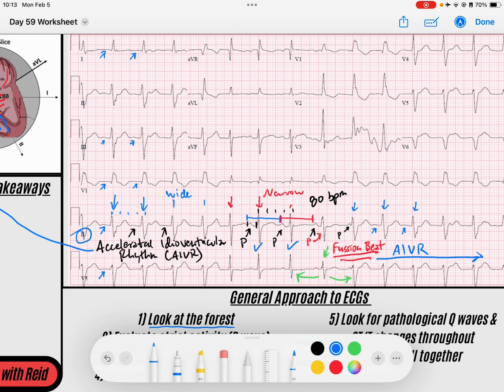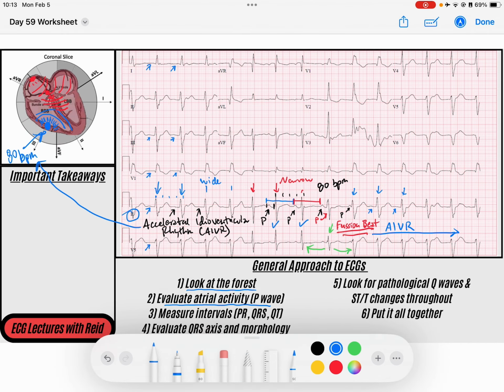And notice during the accelerated idioventricular rhythm, we do not see atrial activity that is driving that rhythm. And so what is going on to cause this? Well, likely what's happening is this person, as they breathe, there's something called sinus arrhythmia.